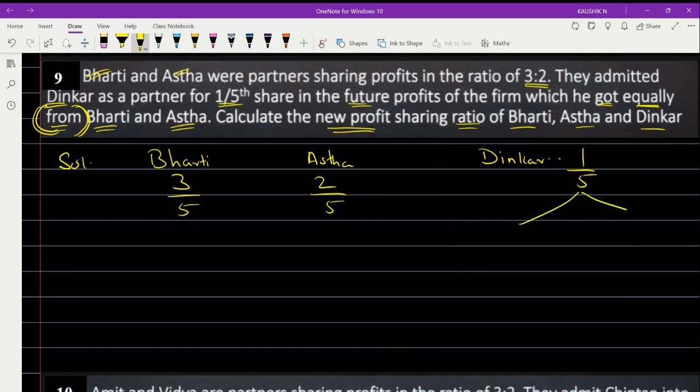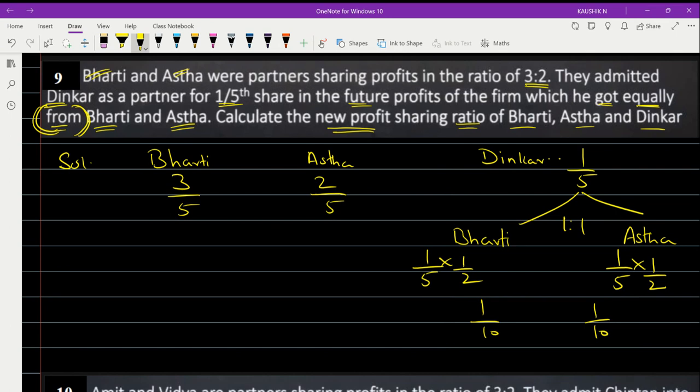This 1 by 5 share, he is going to acquire it from Bharati and Asta. In what proportion? If you see, equally. So that means 1 is to 1. So that means 1 by 5 into 1 by 2, and here also it is 1 by 5 into 1 by 2. So that means 1 by 10 and 1 by 10.